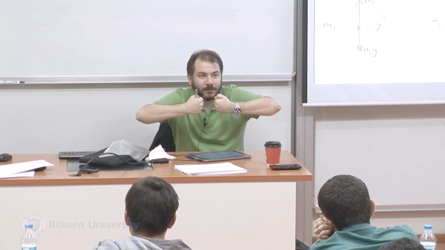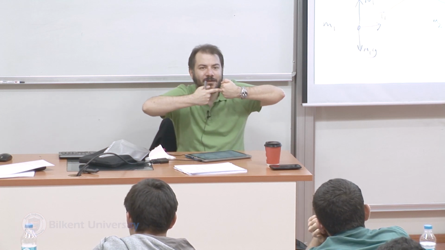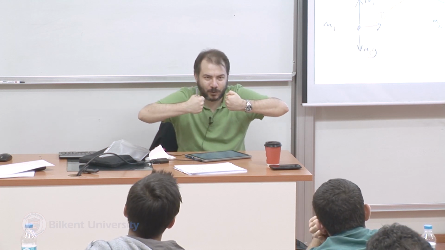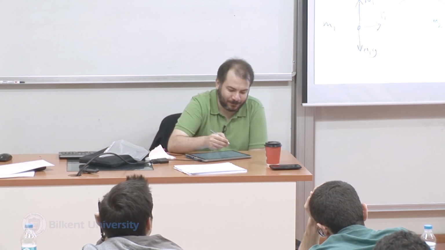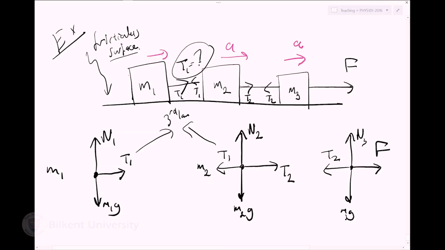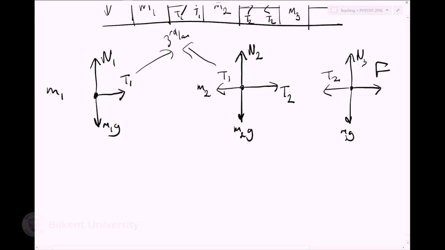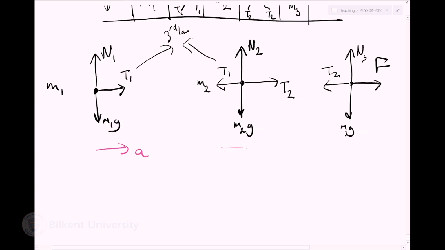But that's not allowed because I have a string between them. So the accelerations must be the same. It also makes intuitive sense. I hope by next week you'll understand why I keep emphasizing that point. So all three masses have the same A to the right.